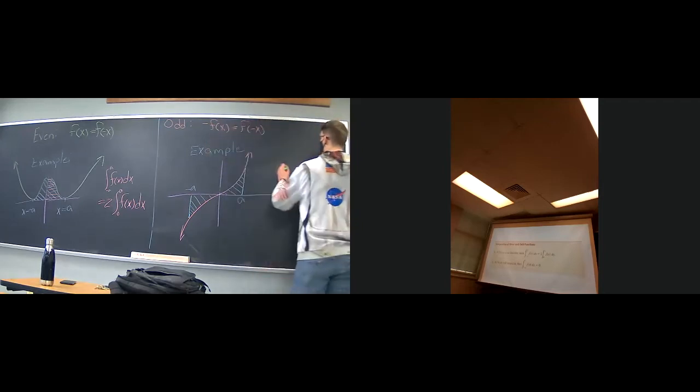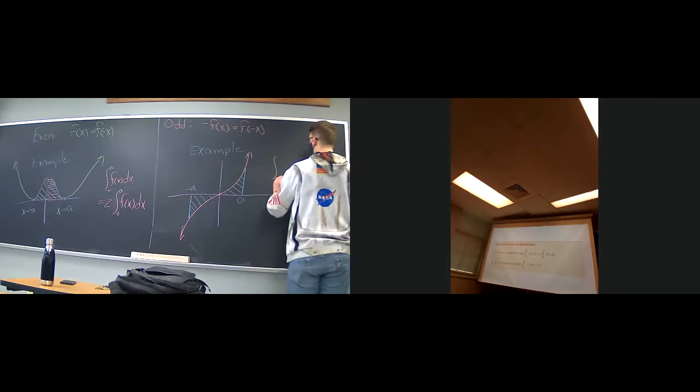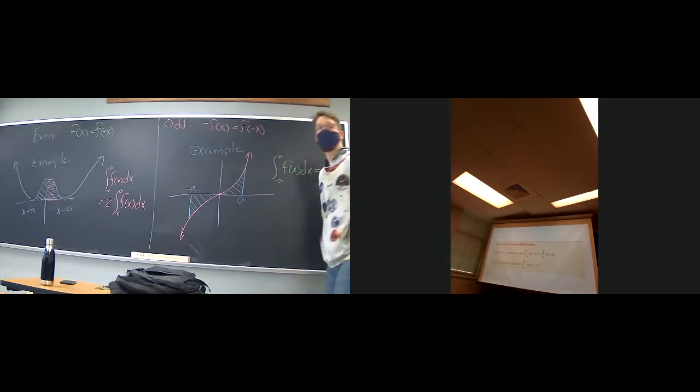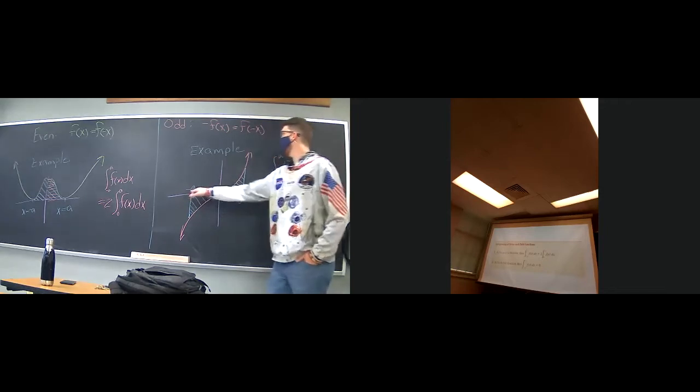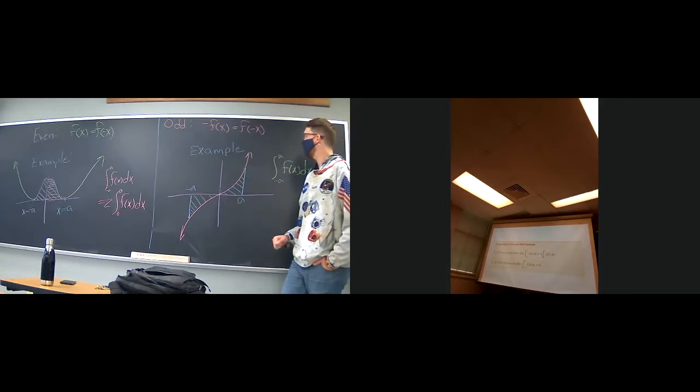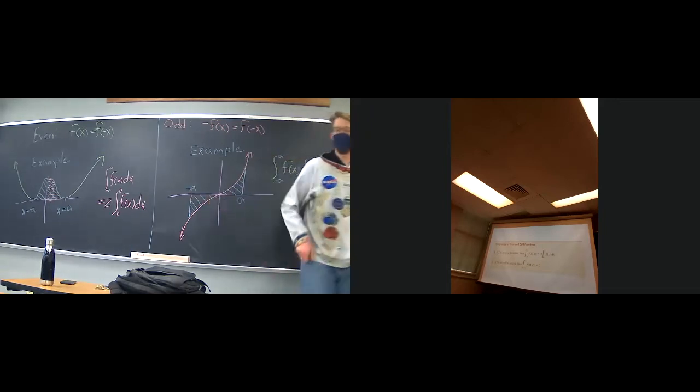So because of this, we know the integral from negative a to a of an odd function is going to come out to be 0, which is convenient. Because it means in your homework, if you look at a function and think it's odd, look at the graph and check it, and it is odd, then you know the integration is going to be 0 if it's integrated from negative a to a.